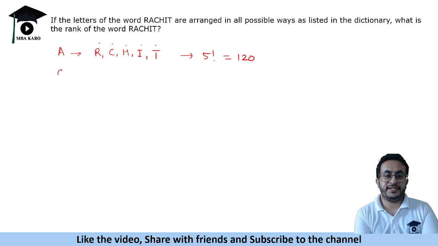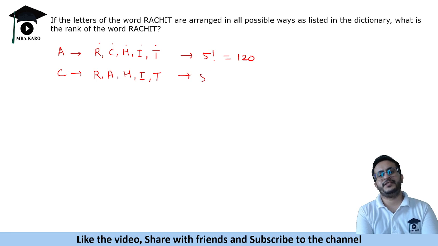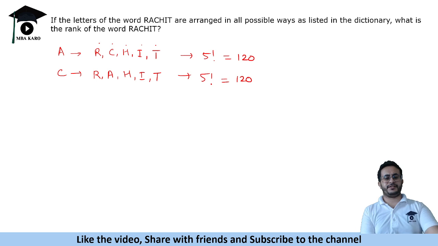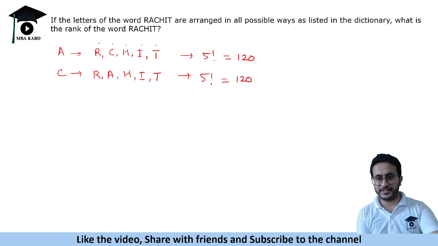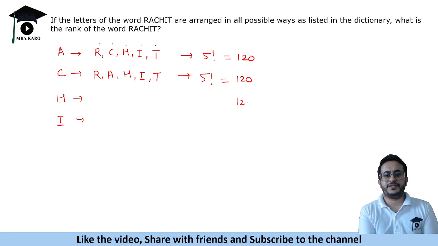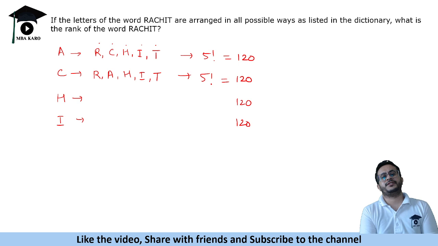Now the next letter is A. Now the words will start from A. So we have the remaining letters as R, A, H, I, T. Now again we can arrange these in 5 factorial ways because all 5 are different letters. So 120 ways of arranging this. Next is H, and similarly we have I also. So we have 120 ways for these and these.